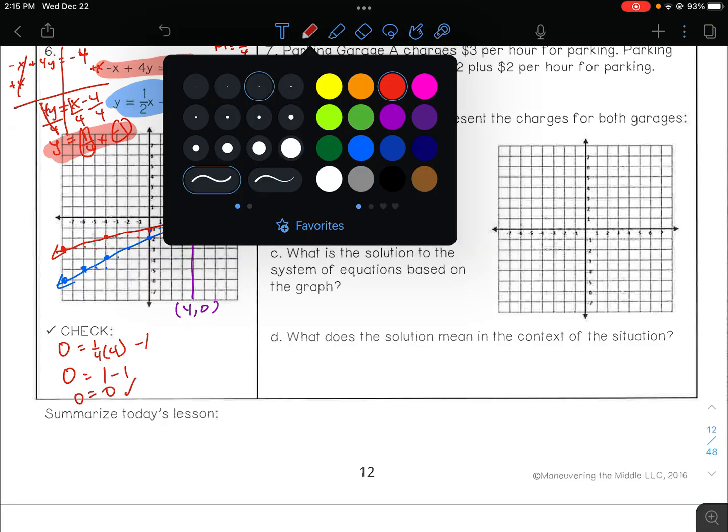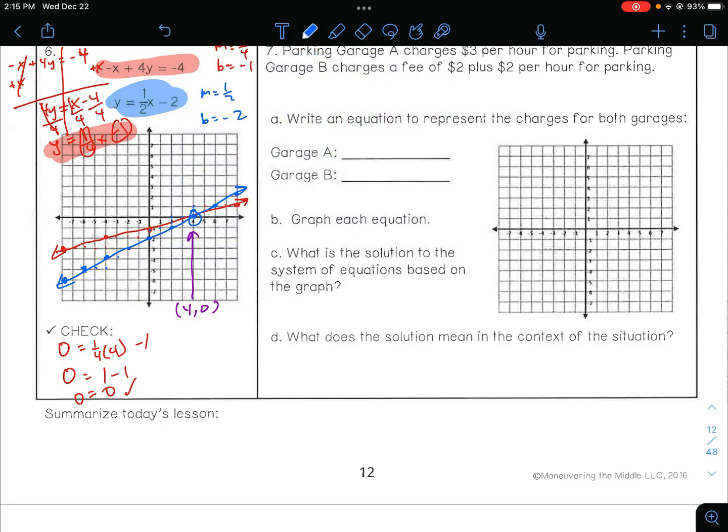That is true. Let's try the next one. Y equals 1/2 x minus 2, so y is 0 equals 1/2 times 4 minus 2. 1/2 times 4 is 4 over 2, which is just 2. Minus 2, does that equal 0? Yes, it does. That is our solution.